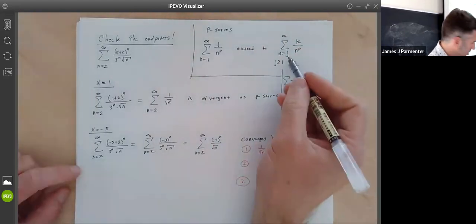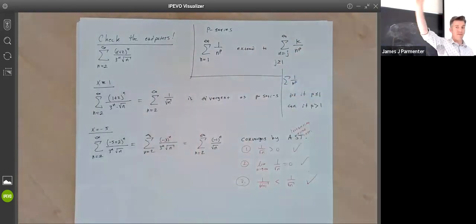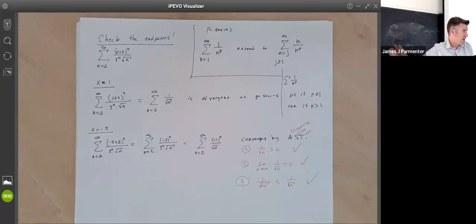Because really, starting later just means you're cutting off some finite number of terms. And so if the whole thing converged and you cut off some finite number, it still converges. If the whole thing diverged, cut off some finite number, it still diverges, right? Just cutting off a finite amount of something never changes its convergence or divergence.